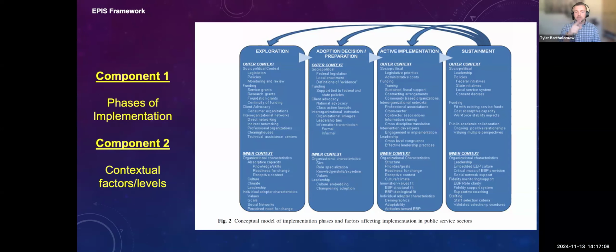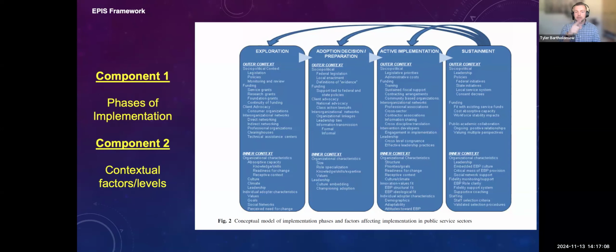Then when we implement, we're like, oh no, I was not prepared, or I need an additional strategy in my preparation phase to actually make implementation better. So you can go back to the phases. It's not that you finish the preparation phase and you're locked out, you can never go back. This recursive action allows us to conceptualize and think through continuous quality improvement strategies to leverage and to really optimize the implementation process.